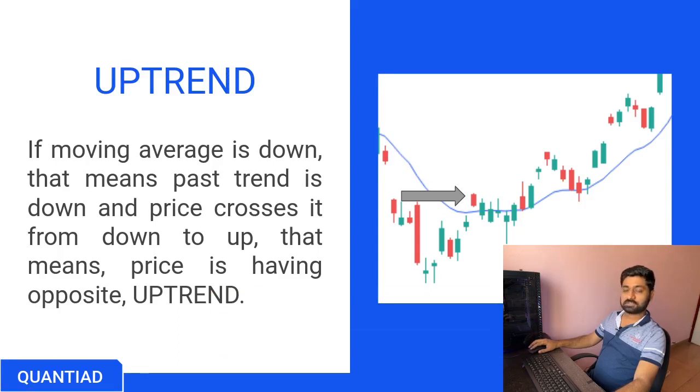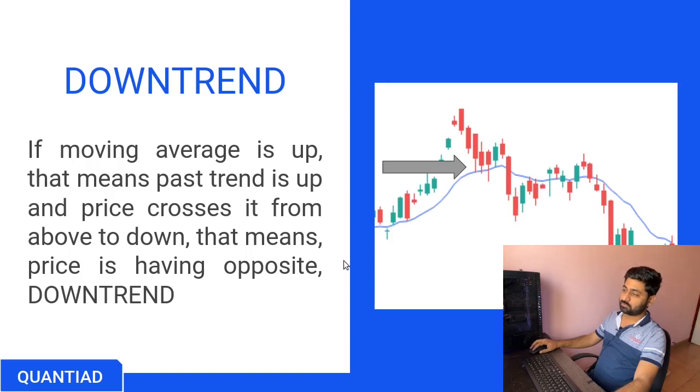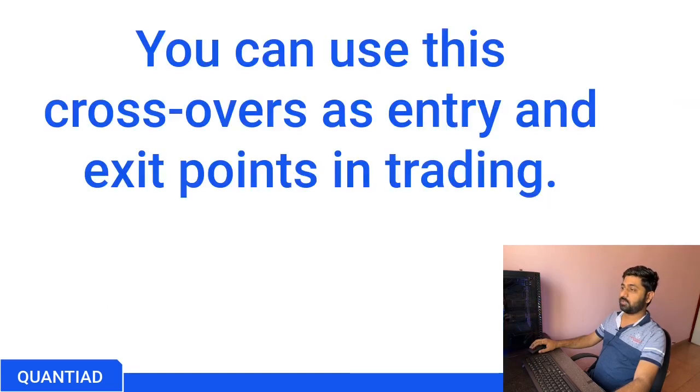When the moving average direction is down and the price crosses it from the bottom, that means the price has now changed trend and it is opposite to the moving average, so it's an uptrend. Similarly, when the moving average is up, that means the past trend is up, and when the price crosses it from the top, that means the price now has the opposite trend of that moving average, that means a downtrend. So you can use these crossovers, see here, the crossover between price and moving average, for entry and exit points.